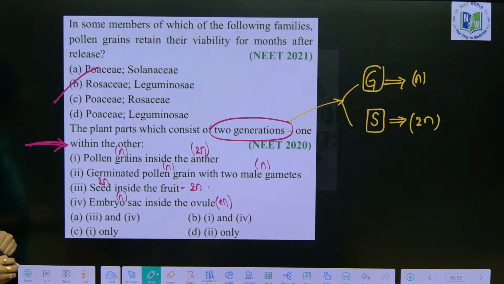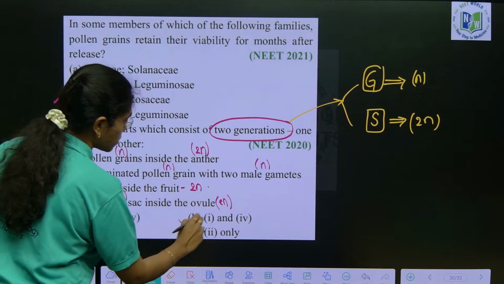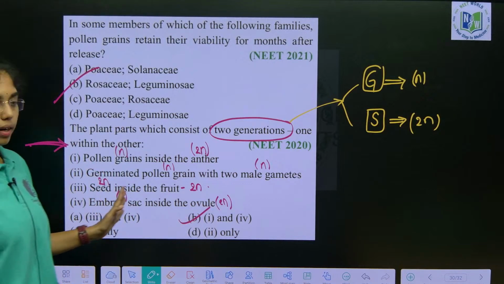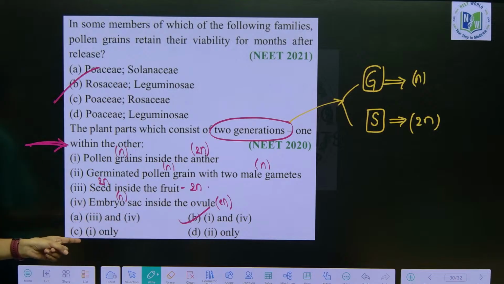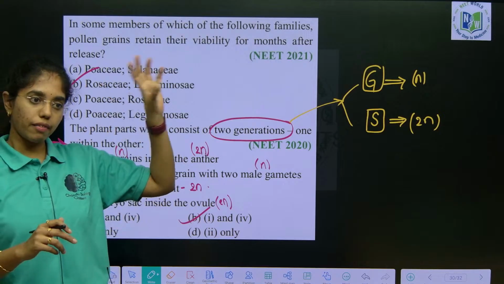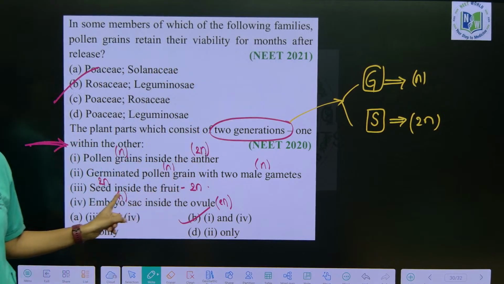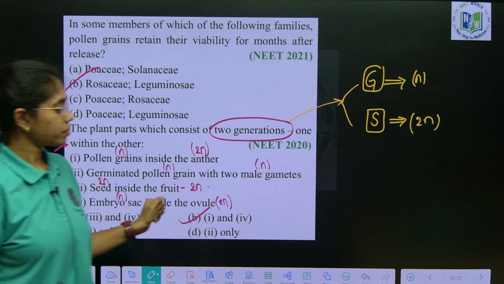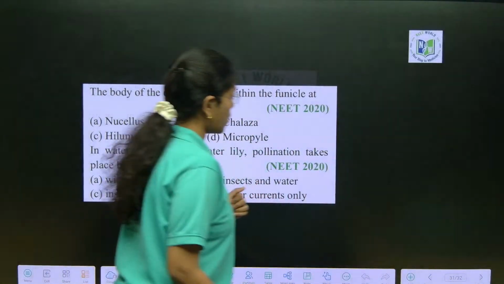But option is 1, 4. Option B, right? 1 and 4. Clear? Easy na? We can expect this type of questions. Have focus and look into it. This is a linked question from your life cycles of plant kingdom and sexual reproduction of flowering plants. Okay. Next.